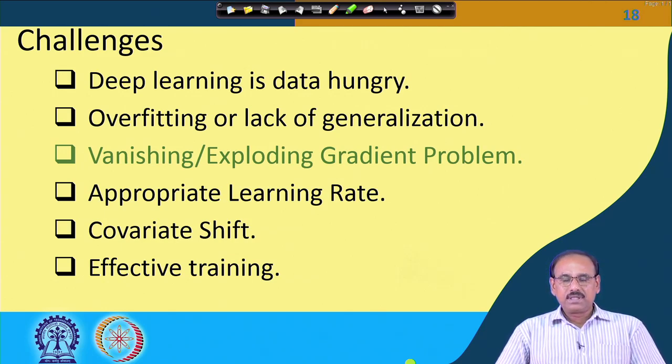So, there are different such approaches by which overfitting or lack of generalization can be avoided. One of them is incorporating a generalization loss in the loss function, where the generalization loss can be the L2 norm of the weight vectors which are there in your neural network. So, there are various approaches in which overfitting can be addressed, and we have discussed those in our previous lectures.